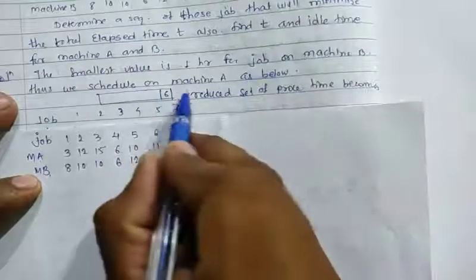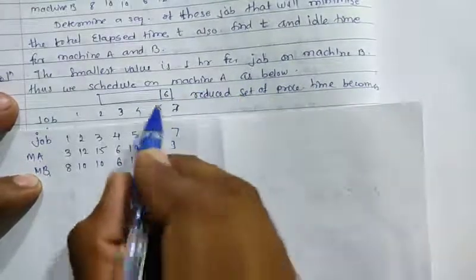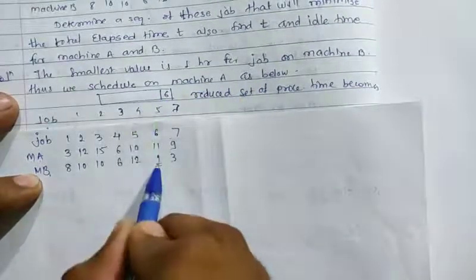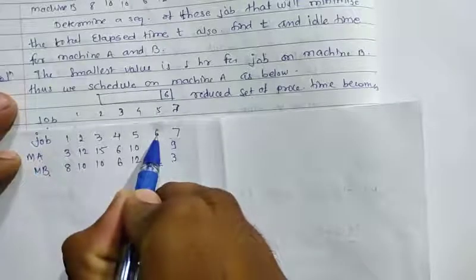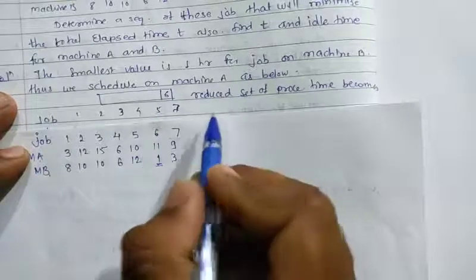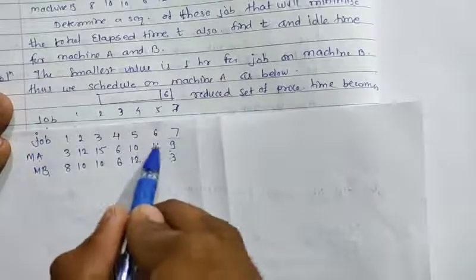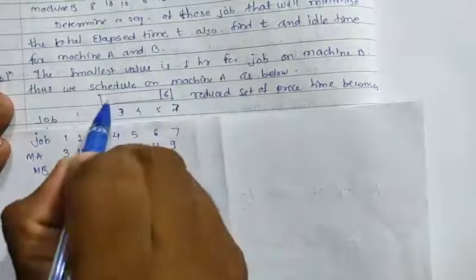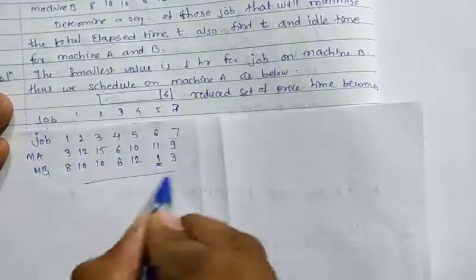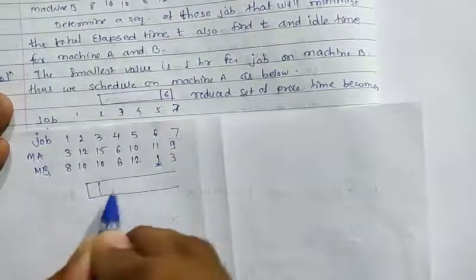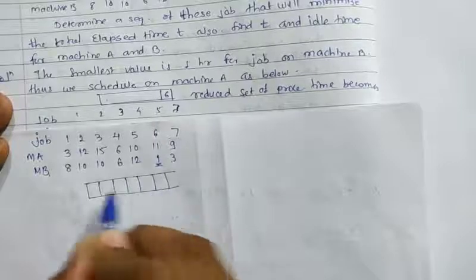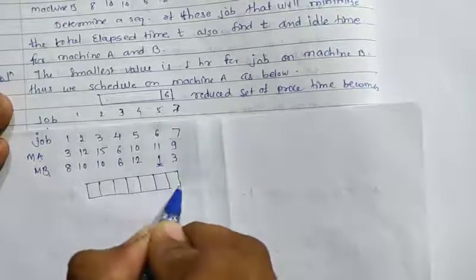Thus we schedule the job as below. This value is for the 6th job. We schedule the 6th job last because this is for the second machine. If it were for the first machine, we would place it first. So we'll prepare the chart with jobs 1 2 3 4 5 6 and 7.